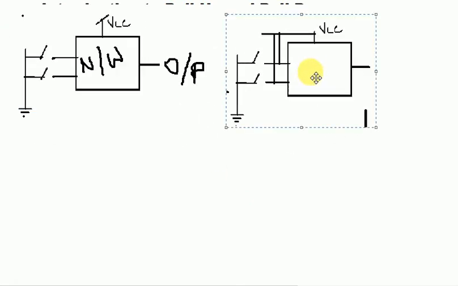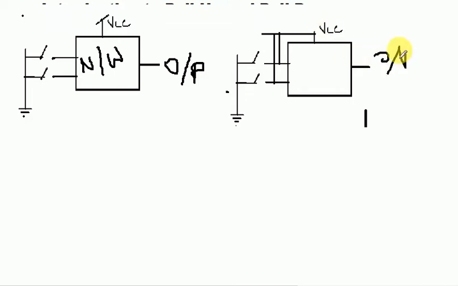There may be a solution like this. You may think that my two switches A and B are directly connected to VCC, and that is my output. Okay, that's fine. But what will happen when these two switches are directly connected to VCC?